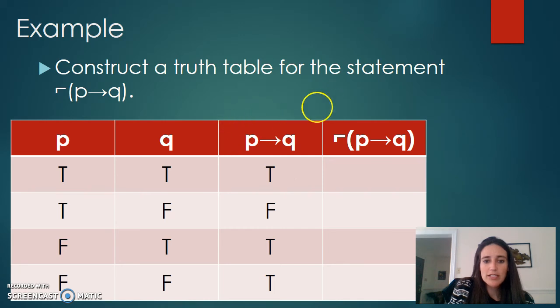P implies Q is true, false, true, true. And then our final answer, we want to negate P implies Q. So true will become false, false will become true, and we can fill in the rest of the column. So our final answer are the values in this final column.